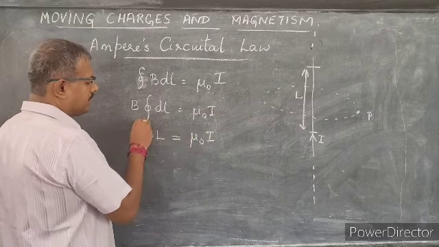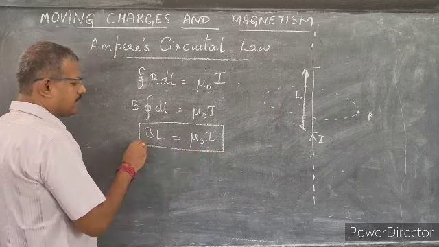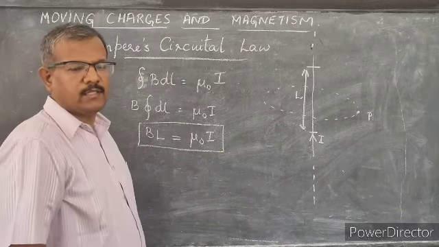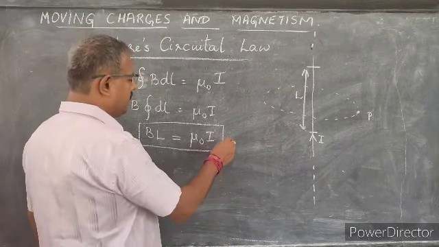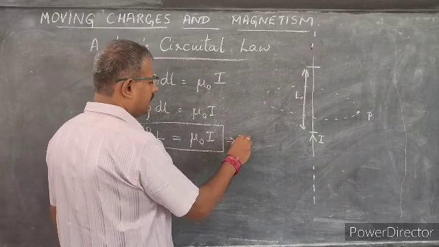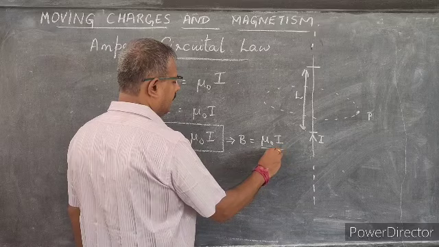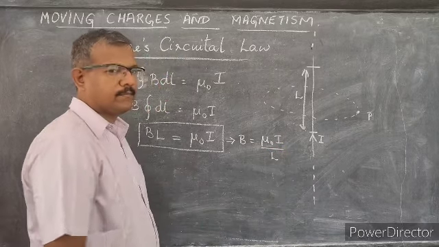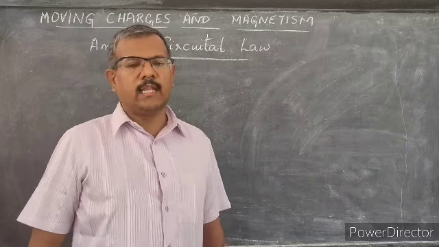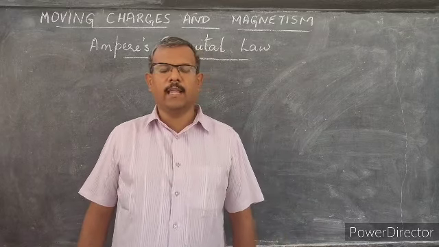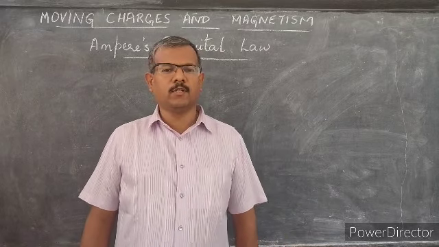Then my equation as per Ampere's Circuital Law reduces to this one, which means B is equal to mu naught I by L.